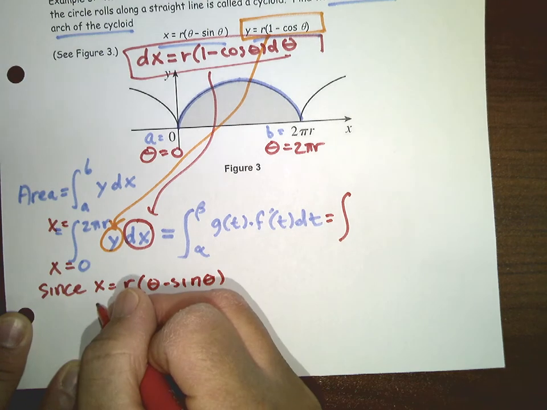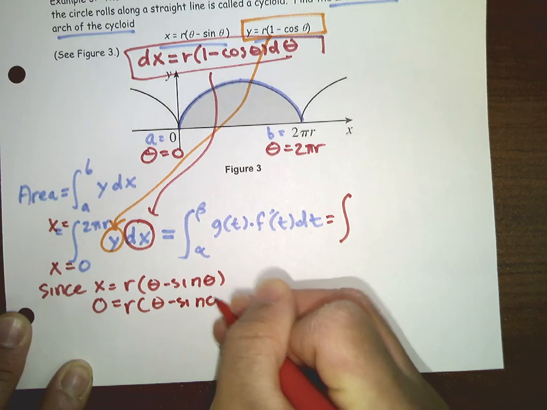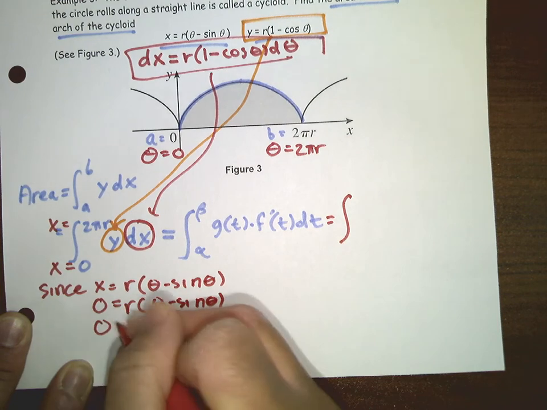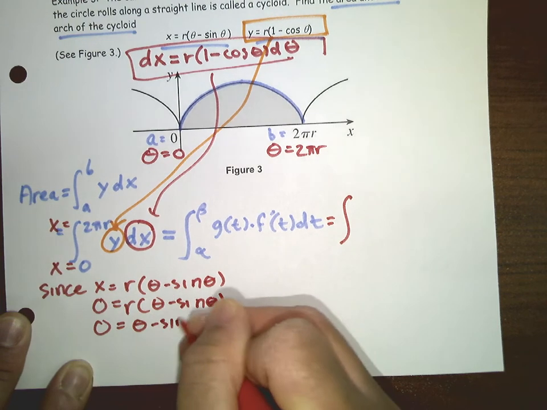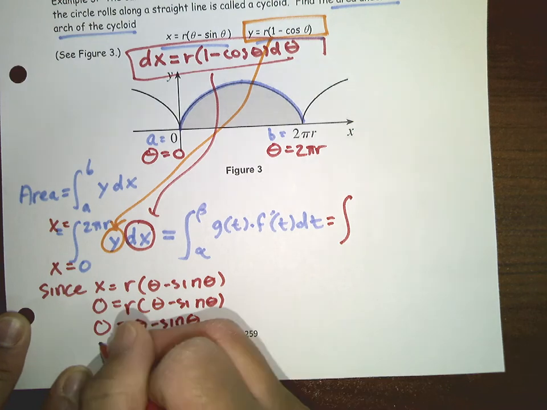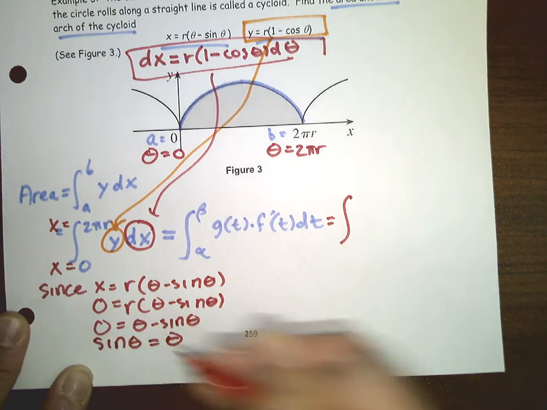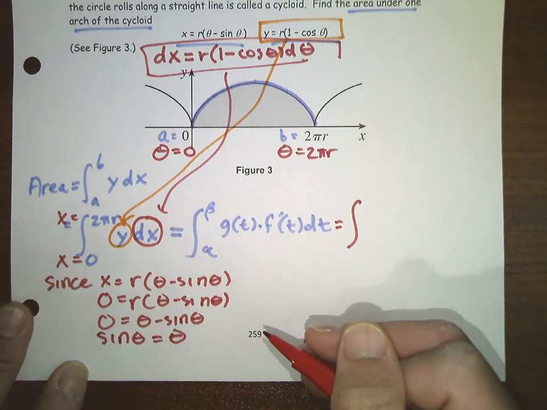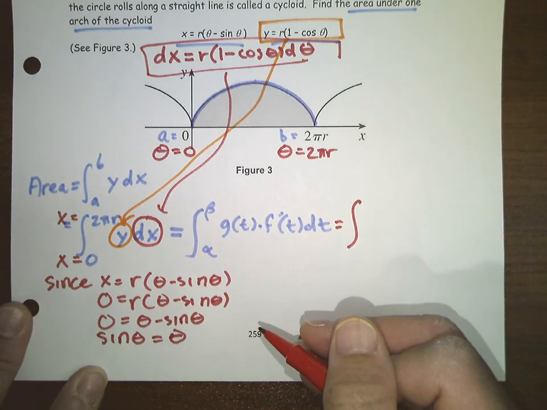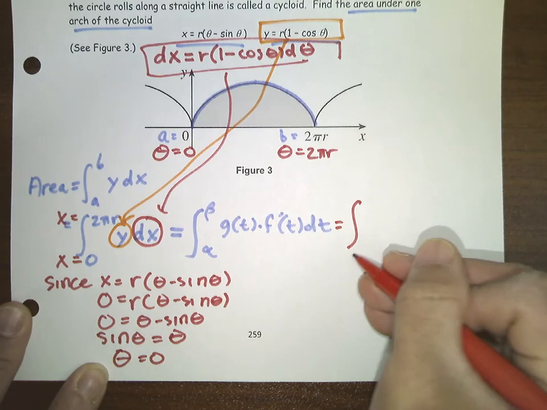So if x is equal to 0, then I have 0 is r times theta minus sine of theta. Then I divide by r, so 0 is theta minus sine of theta. And then I have theta is equal to the sine of theta, so sine of theta is equal to theta. And I know that is true when theta is equal to 0, all right? So this is theta equals 0.